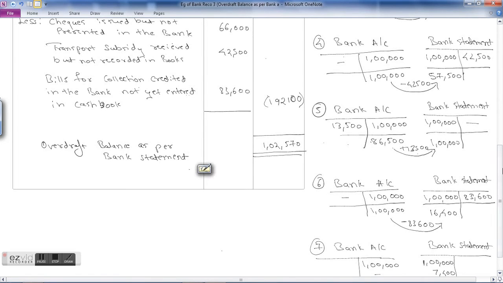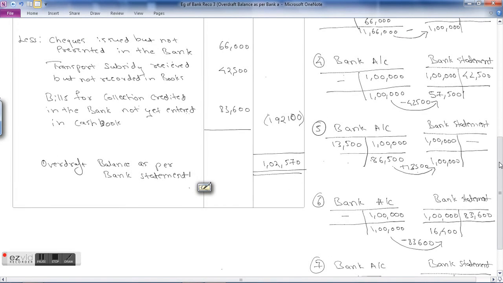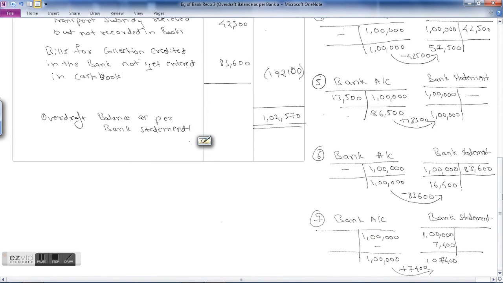Now sometimes what happens is, say there is one more transaction, transaction number 8. What has happened is the amount has been credited by the bank. In this transaction an amount of rupees 5 lakh is credited by the bank, but there is no entry in the books of account.